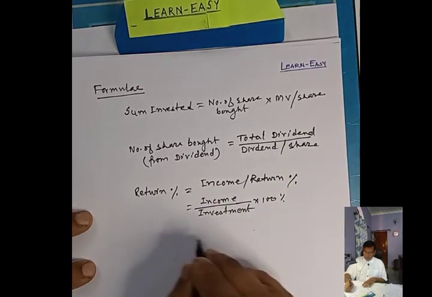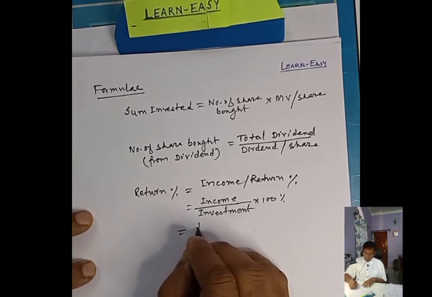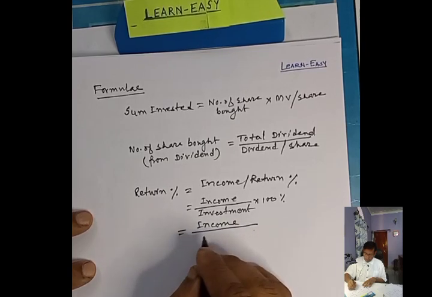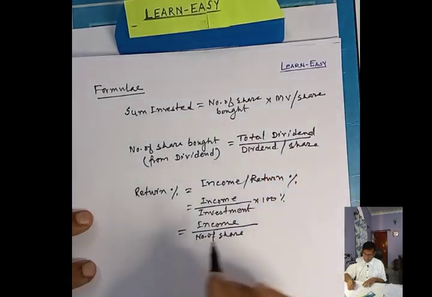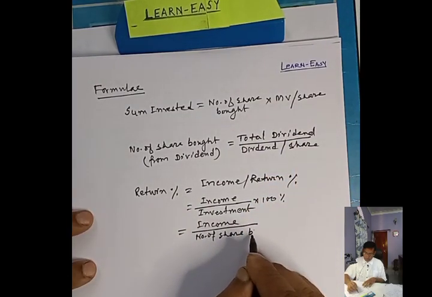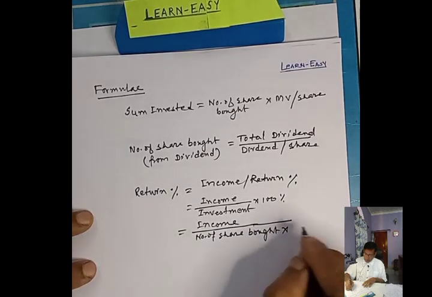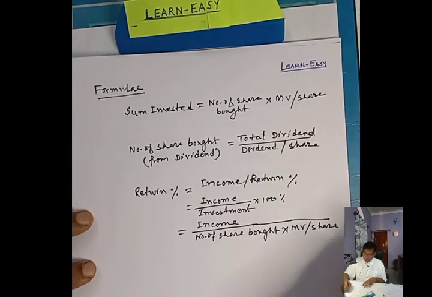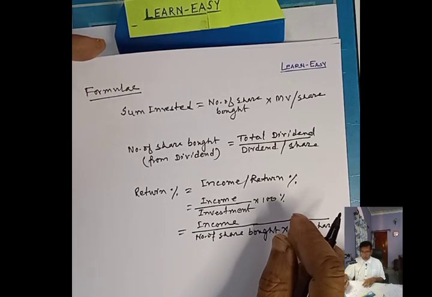Or if I put the value of investment, then income divided by number of shares bought into MV per share. Putting in this formula, we can solve problems also.